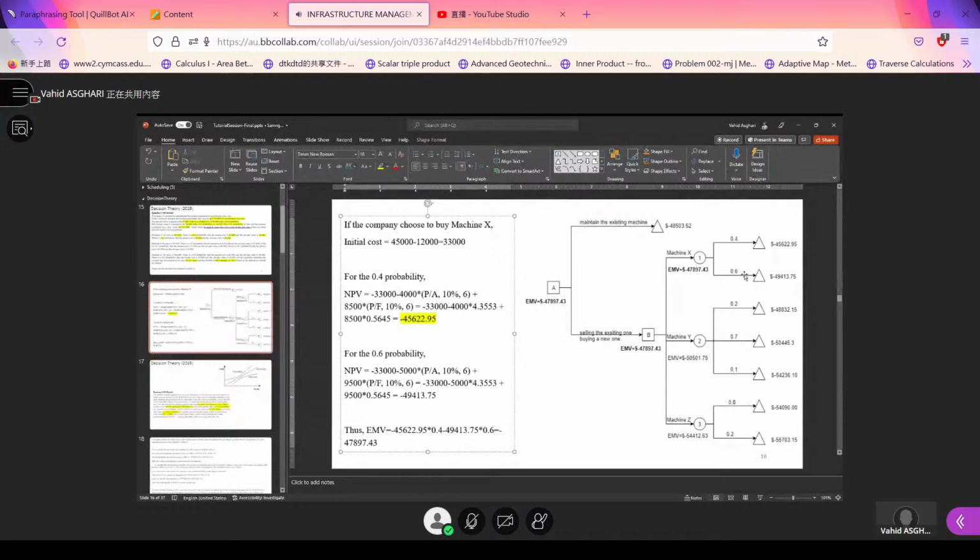With 60% probability, we will end up with minus 49K, and the expected outcome will be minus 47. So nothing really complex here.